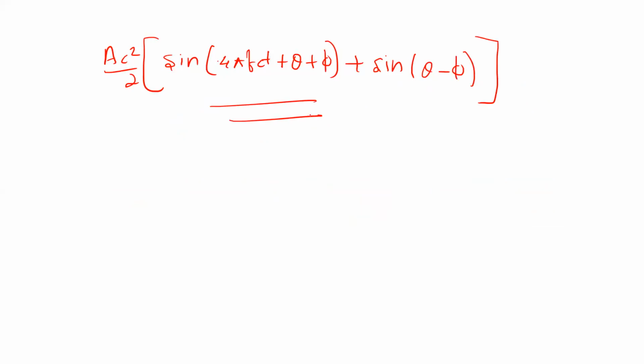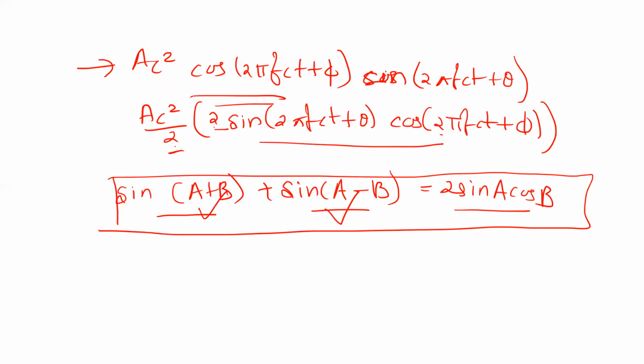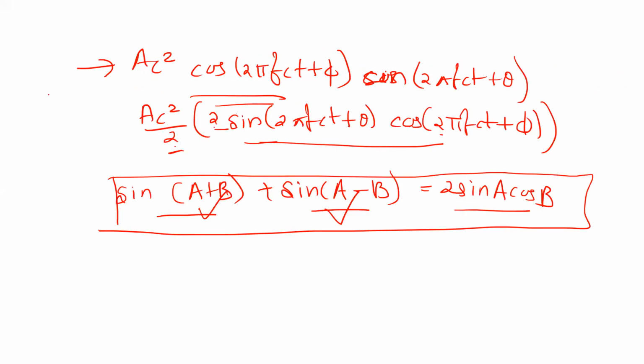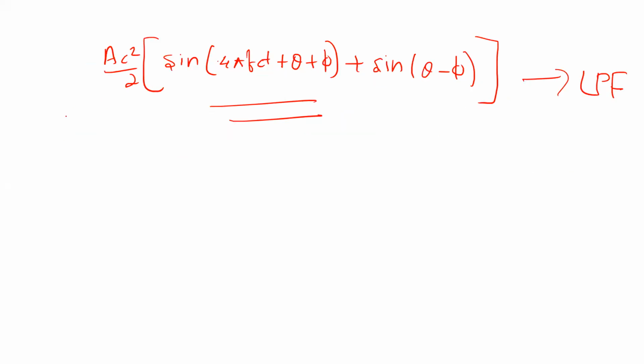Is this point clear? 2 sin A cos B is given as this, sin(A+B) plus sin(A−B). That is what is passed through a low pass filter. Is this expression clear? Any doubt in 1, 2, 3, 4?